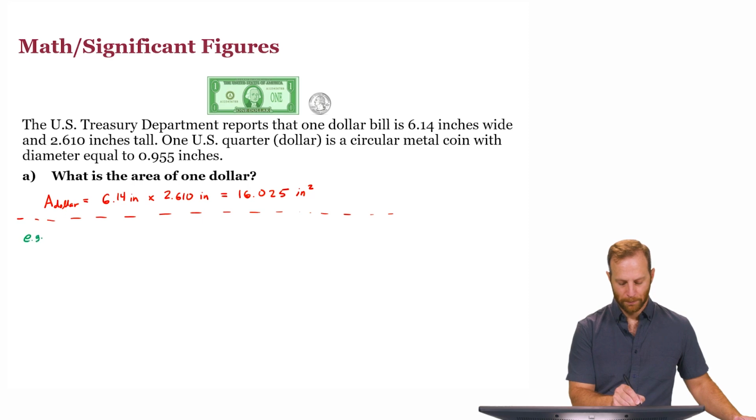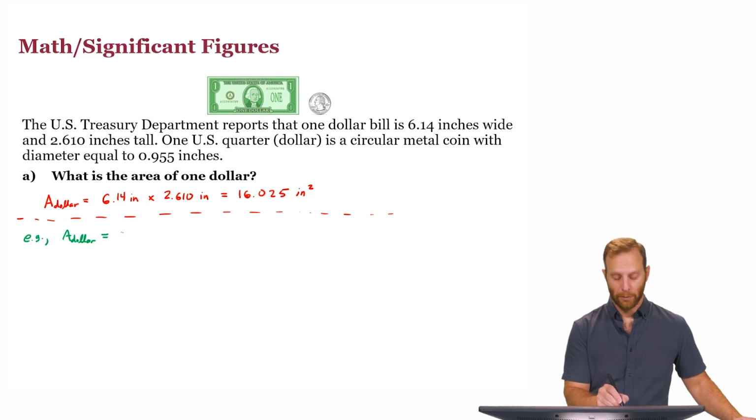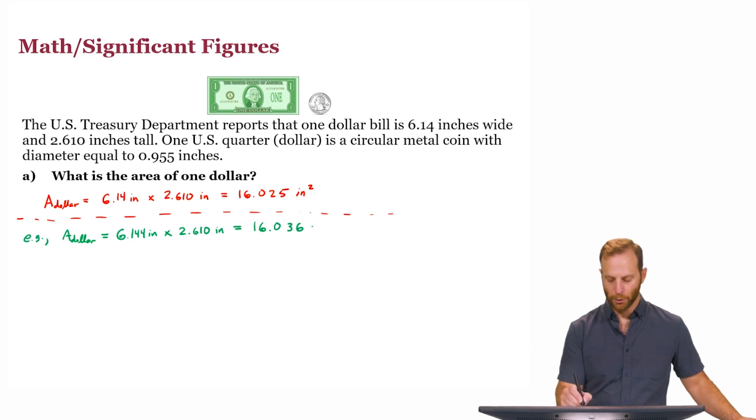Imagine you compute the area of the dollar to be 6.144 inches times 2.610 inches. What you'd find is 16.036 and some extra digits inches squared.